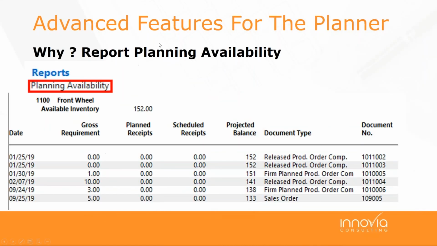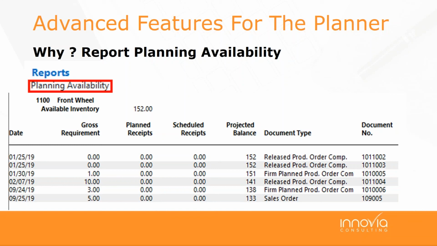And then of course the planning worksheet is all about, once I figure out I need to order it, I accept the action message and then carry it out, and it creates the PO or the assembly order or the transfer order or the production order for me. At that same time, I have the ability to change dates on here.